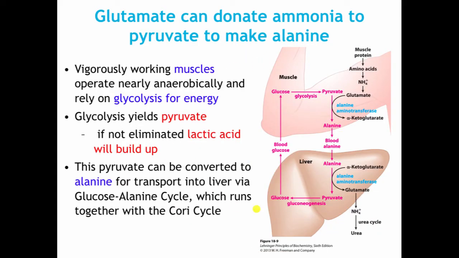Now, an additional wrinkle in the story is that while most of our tissues use glutamine and asparagine in order to get rid of their own personal excess nitrogen and put it into the blood, muscle actually has an additional problem.